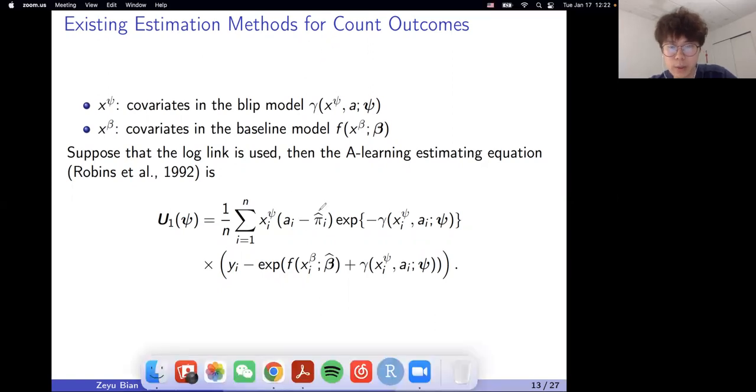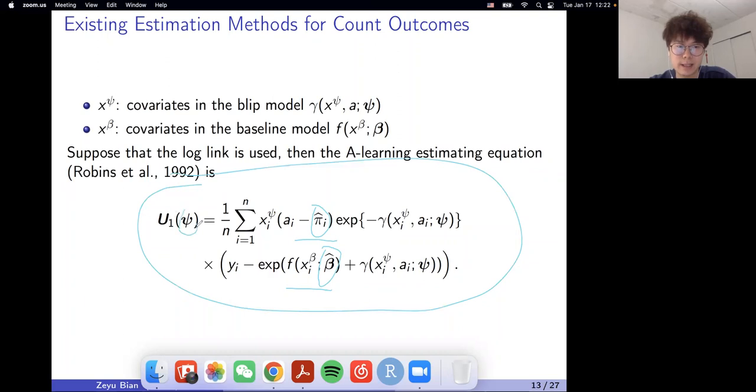So here we are using two plug-in estimators. The first one is pi hat here, the propensity score model. And the second is the beta in the baseline model. So those two models are both nuisance models. However, we would need to first estimate them, then plug into this estimating function, then solve for the psi here.